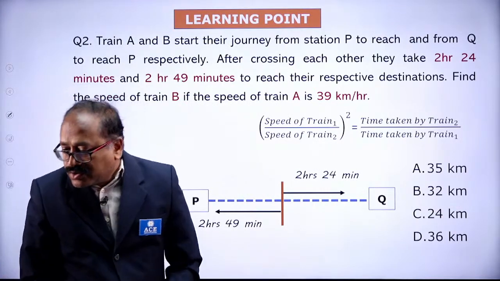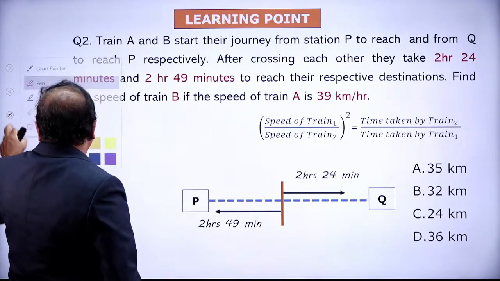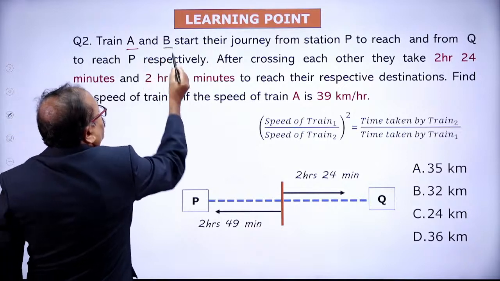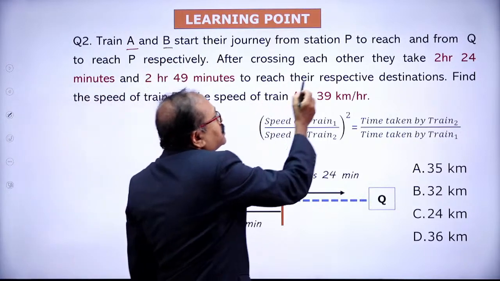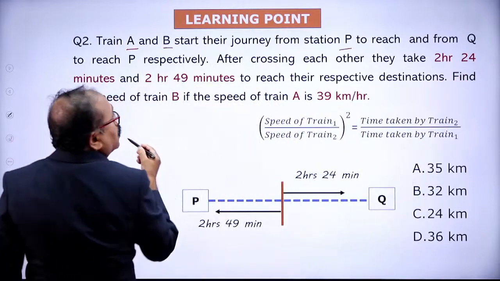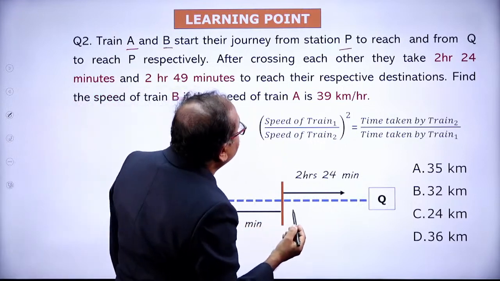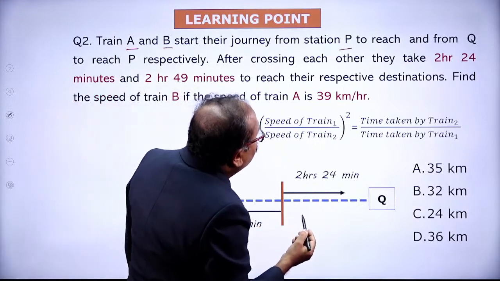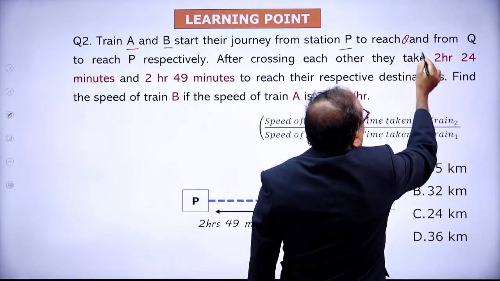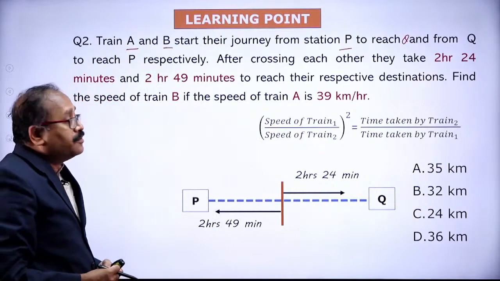That's a very important question, and 12 minutes more is left. We will work out on this question. What is this question? Train A and B start their journey from station P to reach station Q, and from Q to reach P respectively.